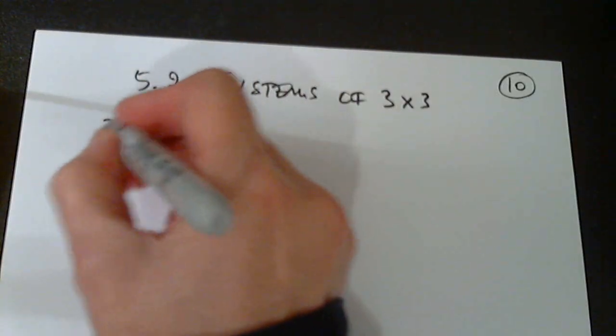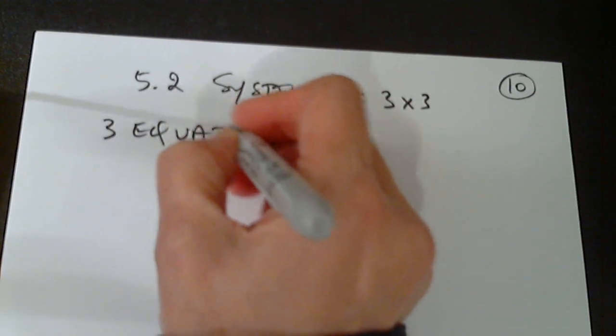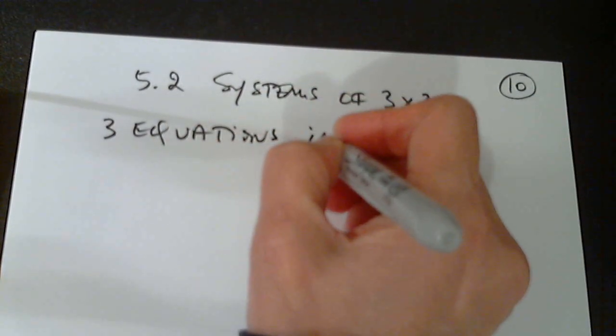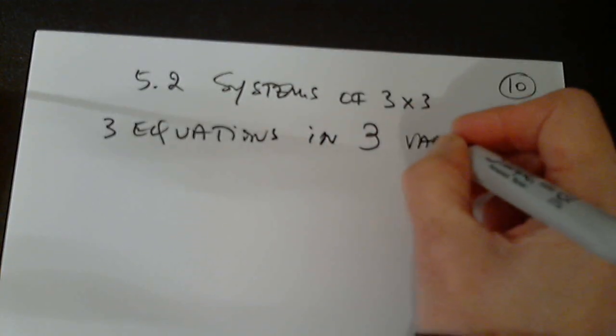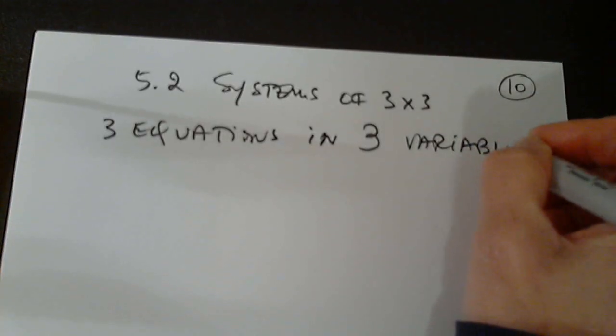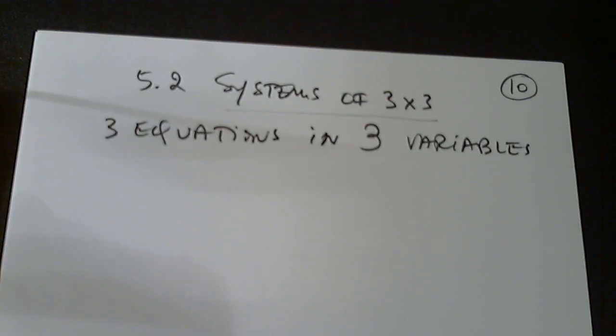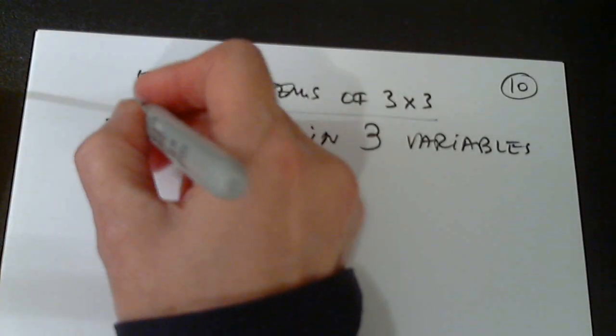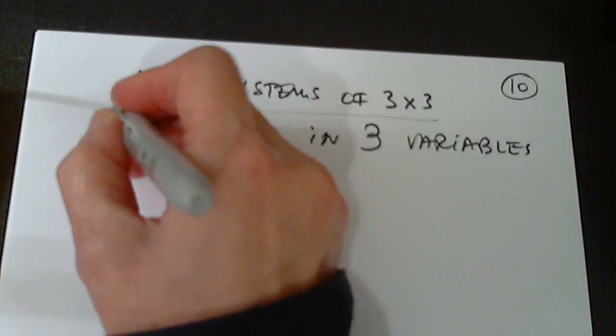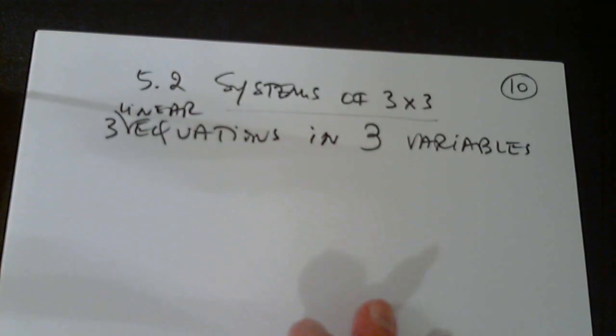Systems of 3 equations in 3 variables. We're solving systems of 3 by 3. Of course, 3 linear, still. We haven't gotten to nonlinear yet.